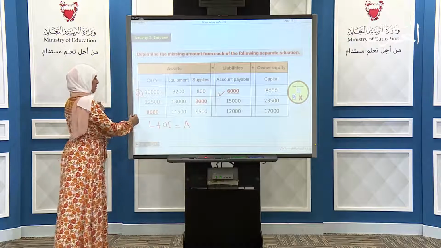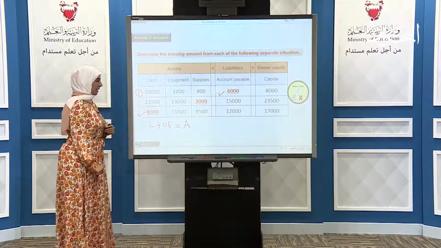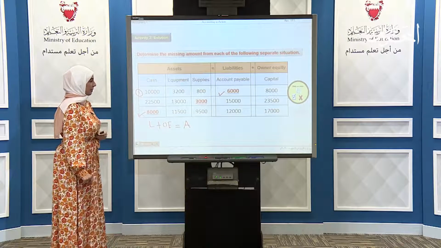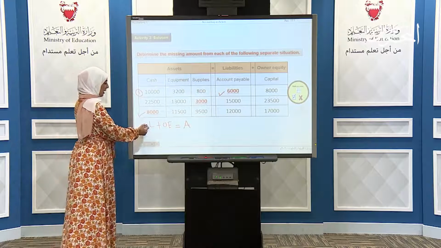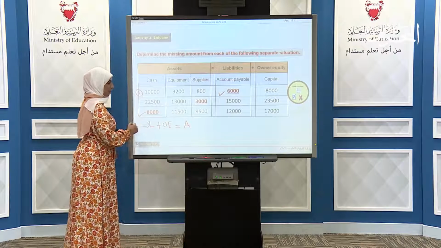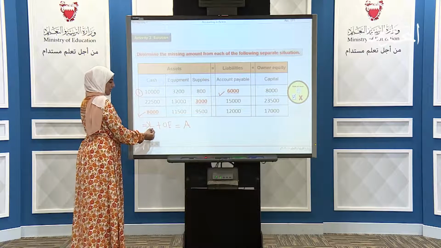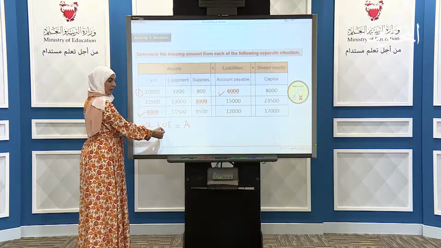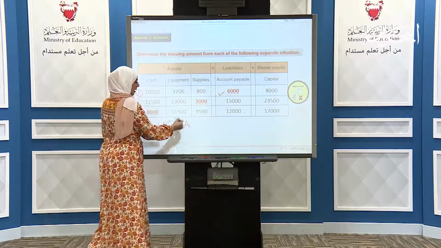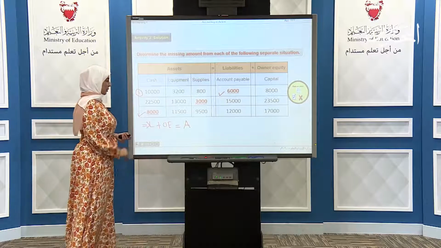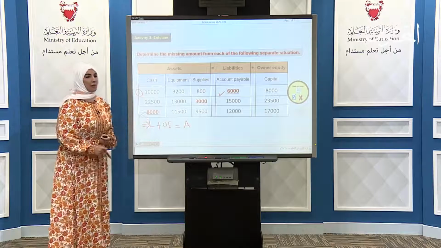Also, if I shift for the third example, I can apply the same equation. I take the total of liability plus the owner equity, and then getting the difference between it, and it will be the figure of the cash.